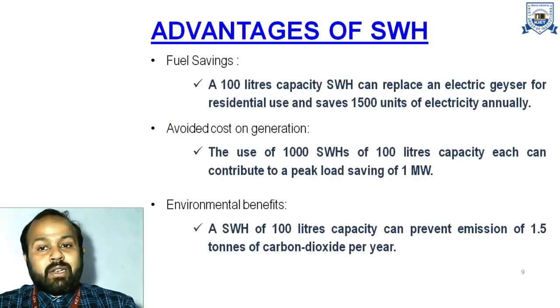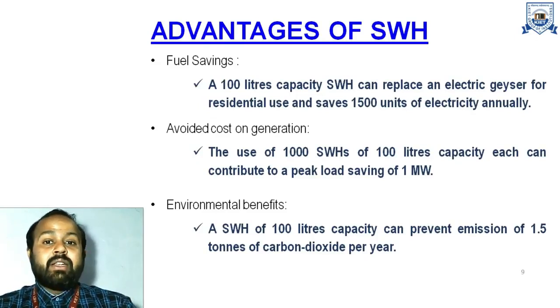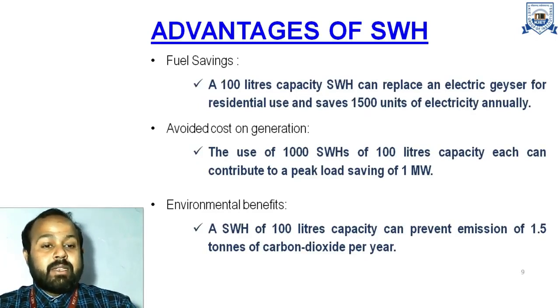Now, what are the advantages of a solar water heating system? Fuel saving, avoided cost of generation, and environmental benefits. For fuel saving, a 100-liter capacity system replaces a geyser for residential use and saves 1,500 units of electricity annually.